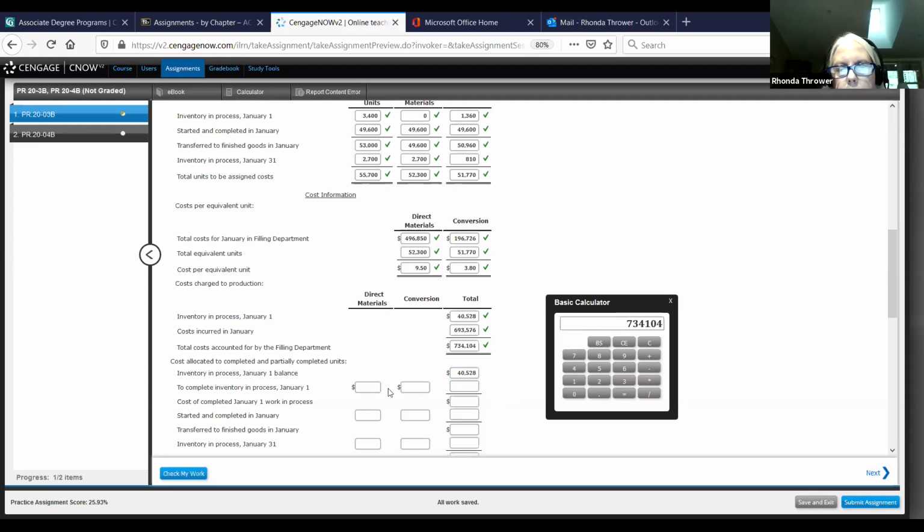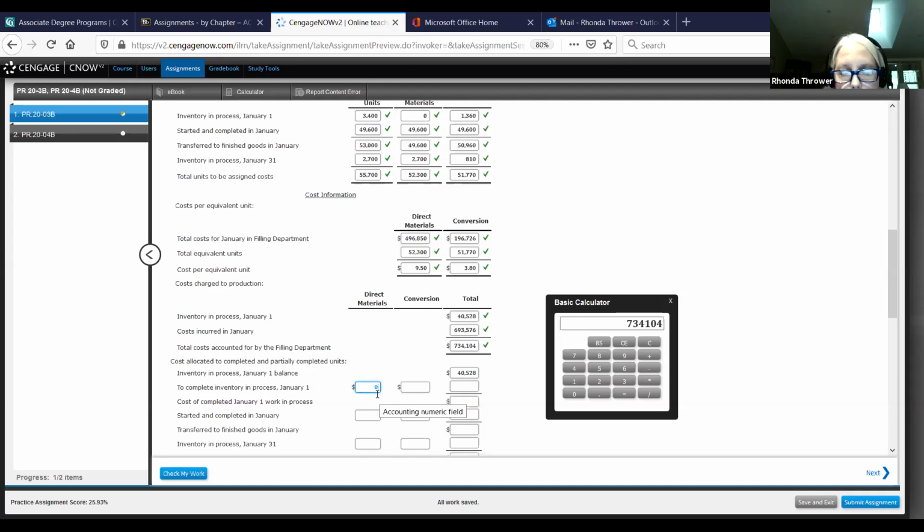Now I want you to think about what's going on here. For our beginning inventory, remember we started last period and all the materials were added last period. So during this period, we would have zero cost that we incur for our beginning inventory units because all the materials were added last period. They're in this beginning balance that we brought forward.